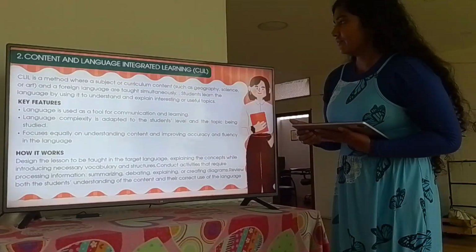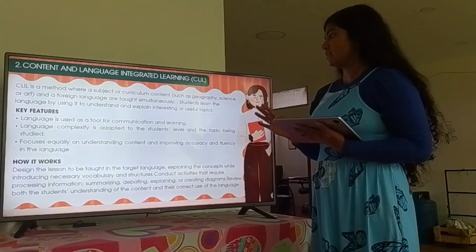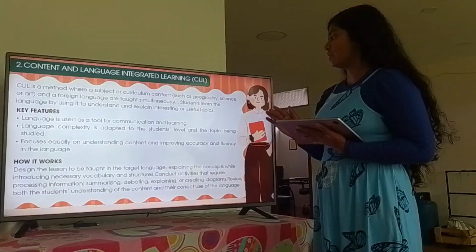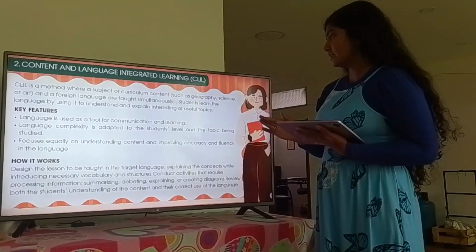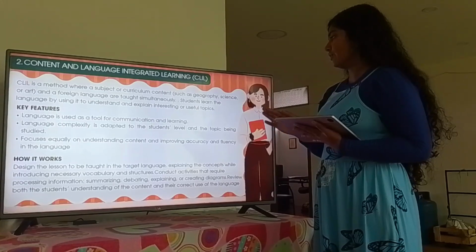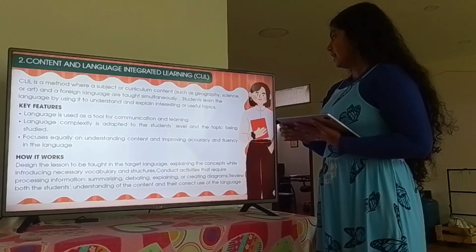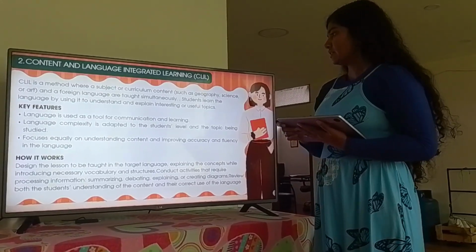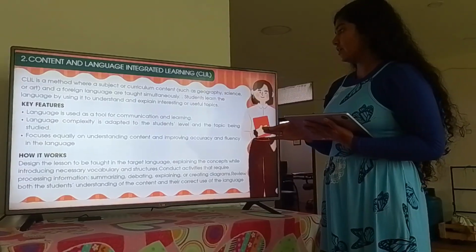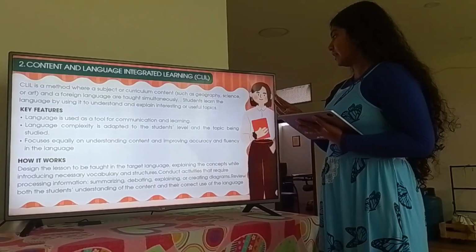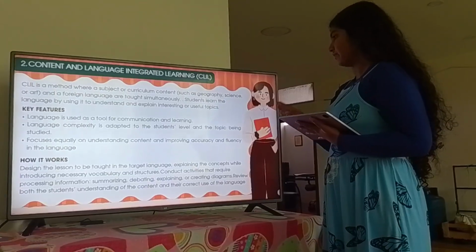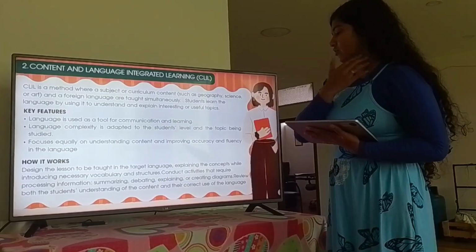Key features. Language is used as a tool for communication and learning. Language complexity is adapted to the students' level and the topic. Focus equally on understanding content and improving accuracy and fluency in the language.